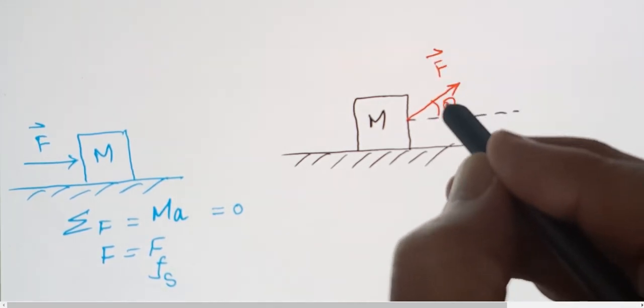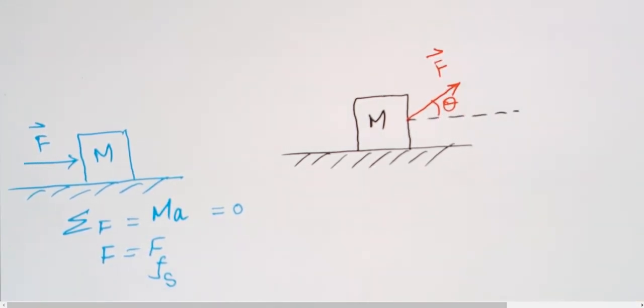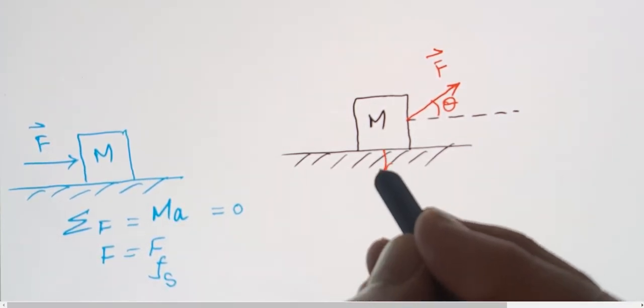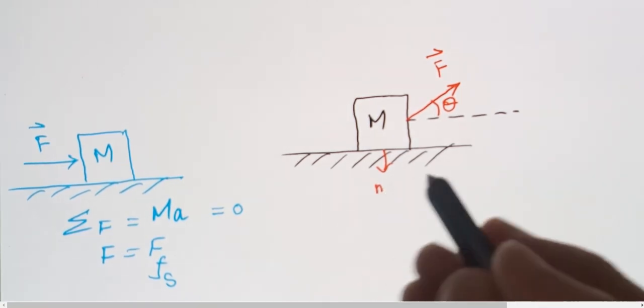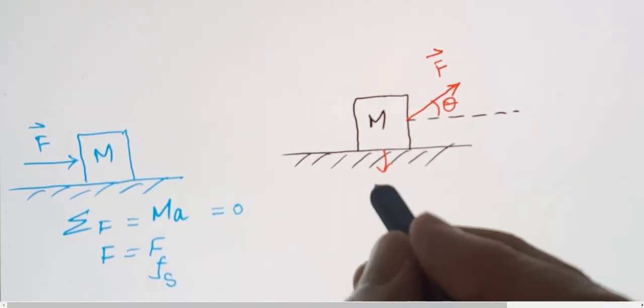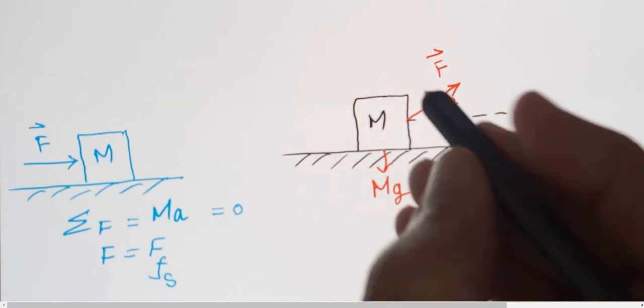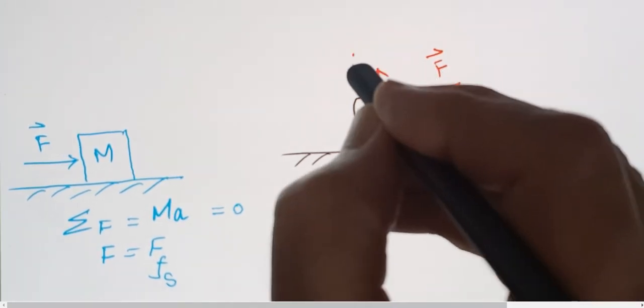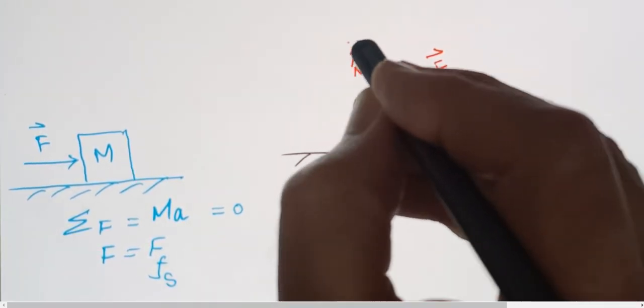This is theta. So let's write the equations. Here it's capital Mg. Here is Fn, the normal force.